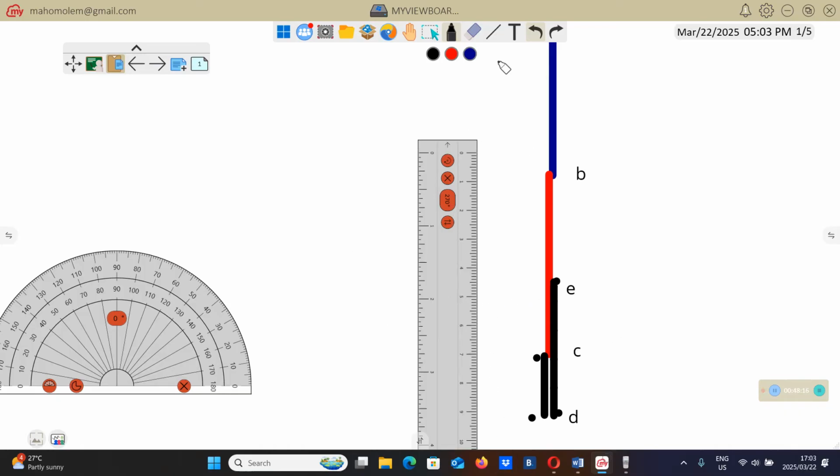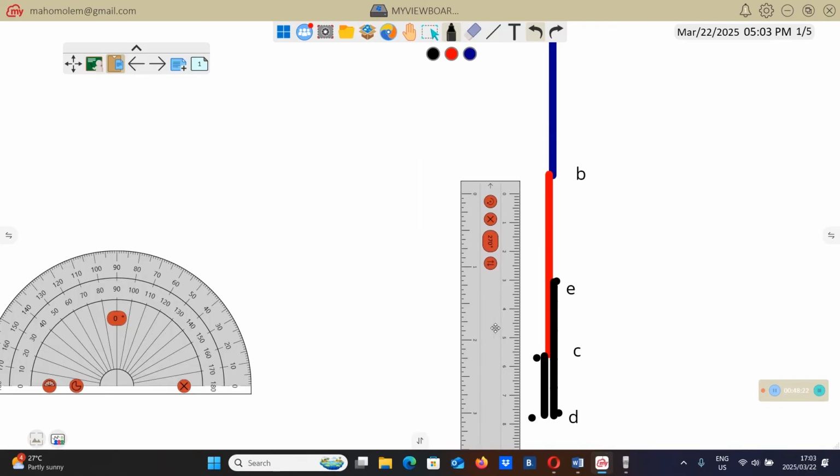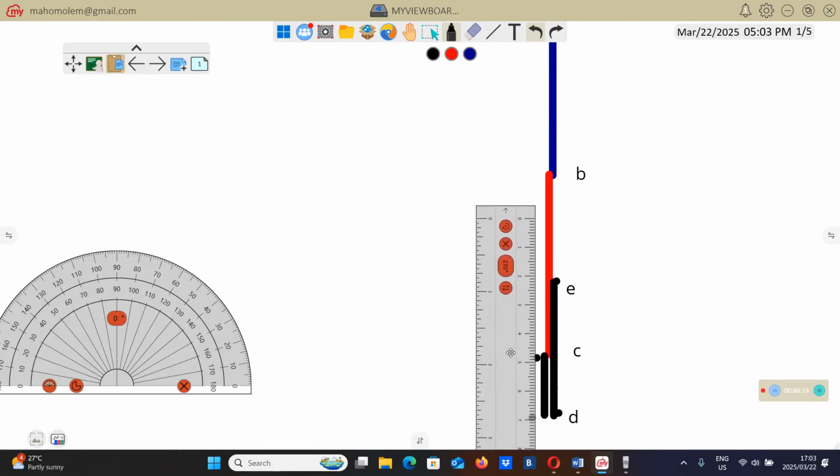If you take this ruler next to here, initially when we plotted point C to D, it was equal to 1 centimeter on this ruler, but now it's no longer so. It's because of the zooming.